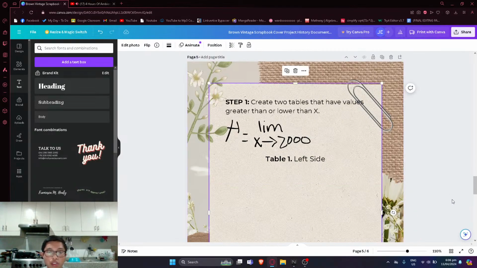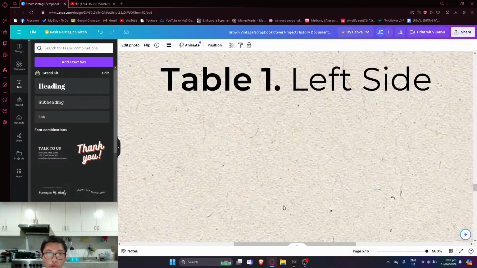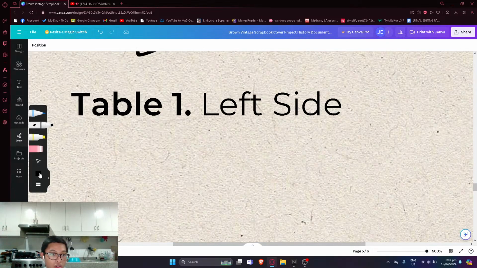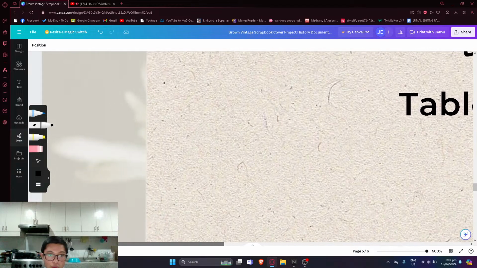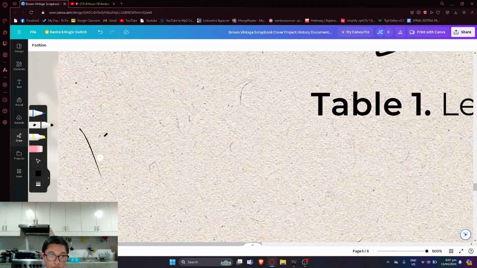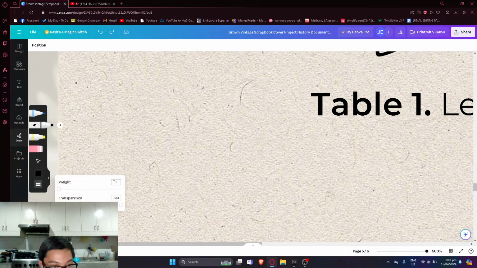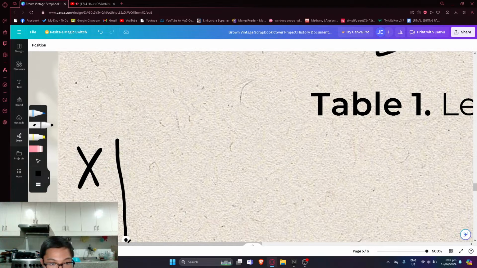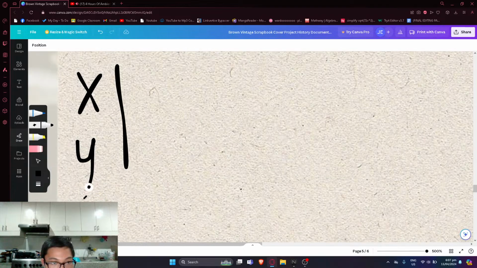Ayan, table 1 left side. So, this is another case of drawing. Siguro what we can do here is, but maybe 1 is too small. Let's do 3. I think 3 is viable. So X, and we also have Y.